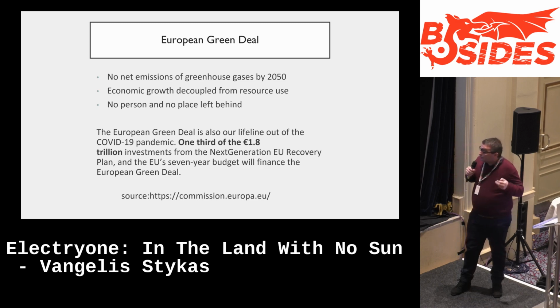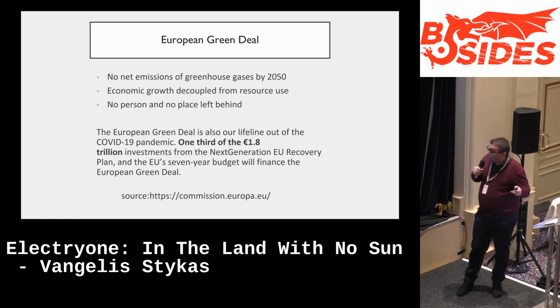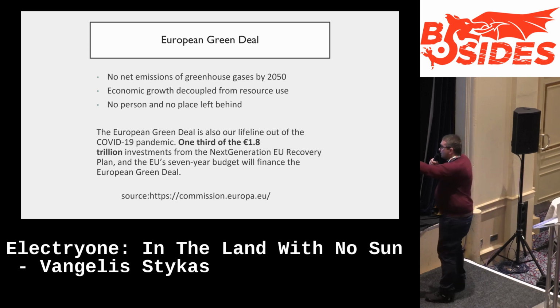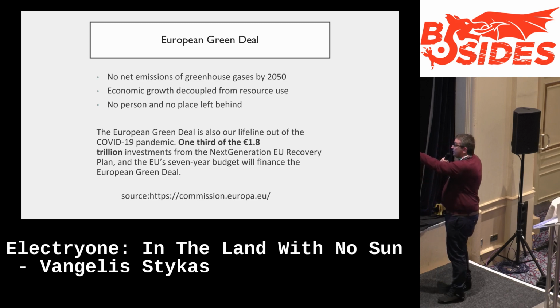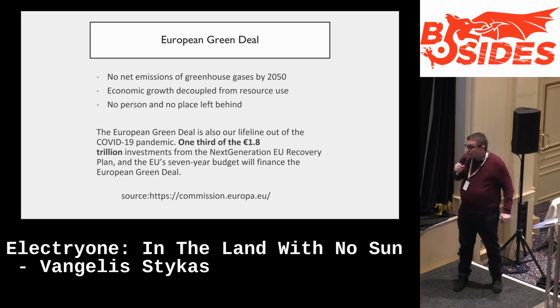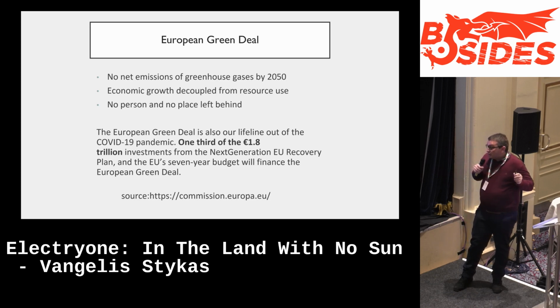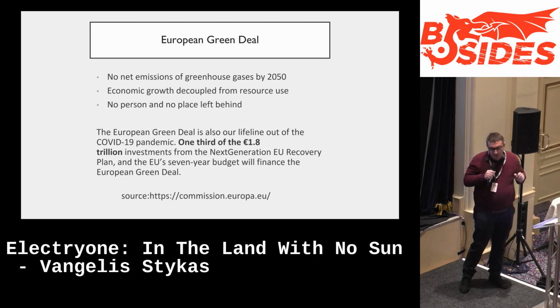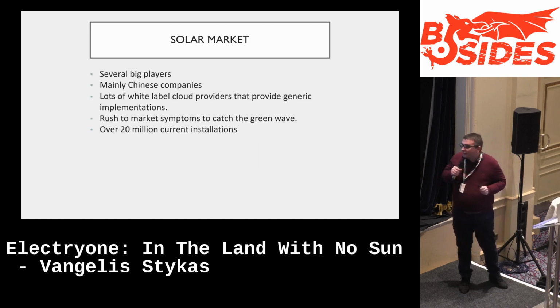Two socialistic things: economic growth decoupled from resource use, no person and no place left behind. And the great thing that it says in here is that our lifeline out of the 1/3 of 1.8 trillion euros investment from the NextGenerationEU recovery plan, and the EU's 7-year budget will finance the European Green Deal. If you can do the math, that's a lot of money.